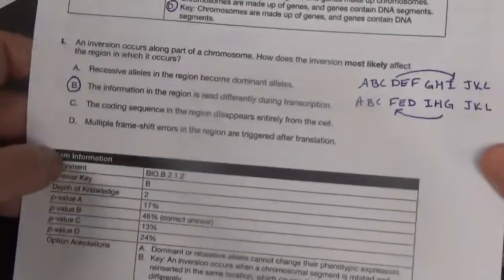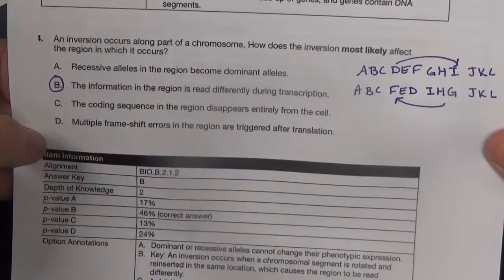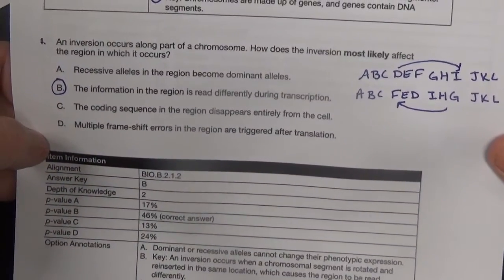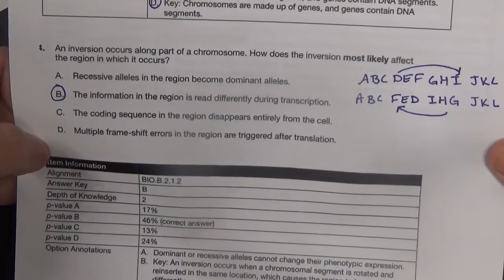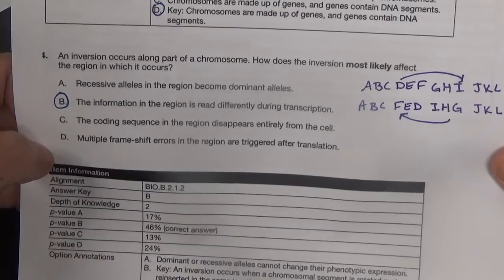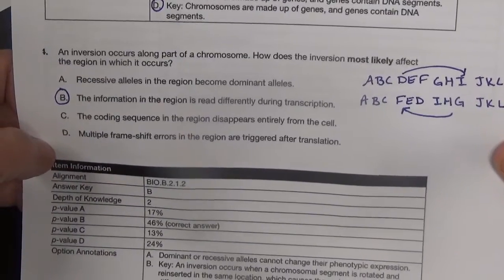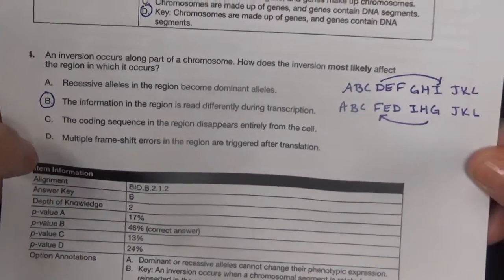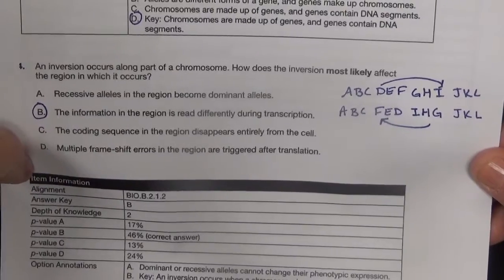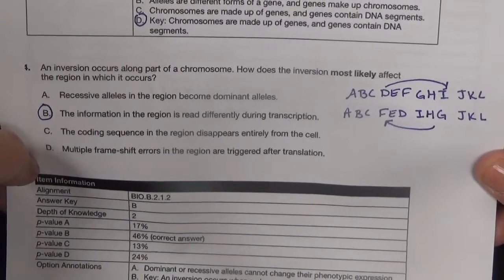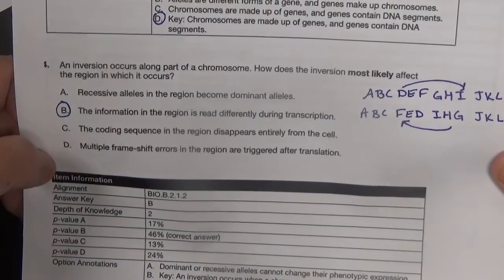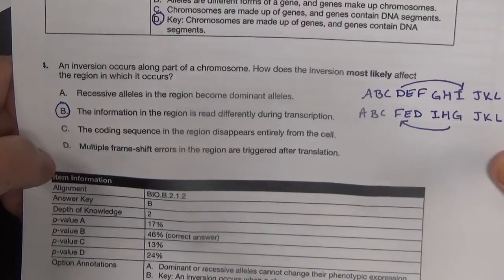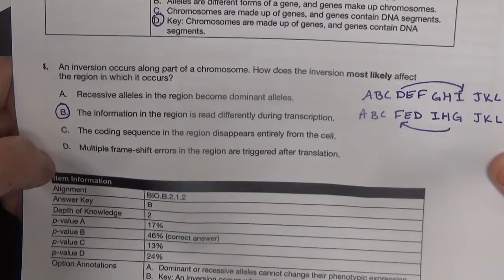An inversion occurs along part of a chromosome. How does the inversion most likely affect the region in which it occurred? So to invert something means just to flip it over. So I gave myself a little example sequence here, and I flipped part of it. All right, so what's going to happen? Recessive alleles become dominant alleles. That's not what happened. The information reads differently during transcription.